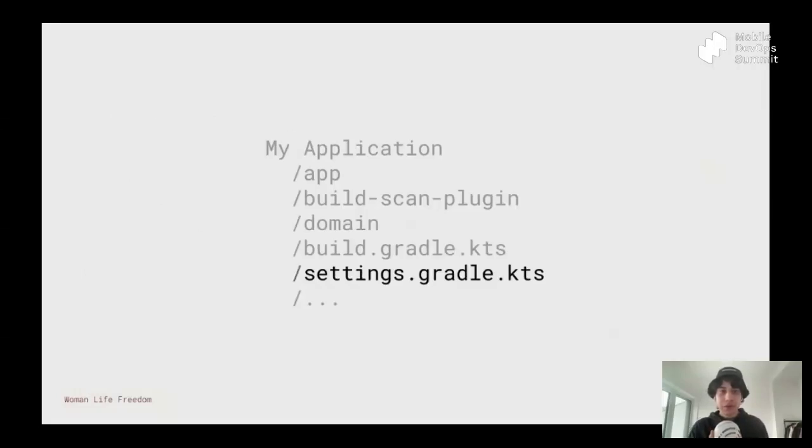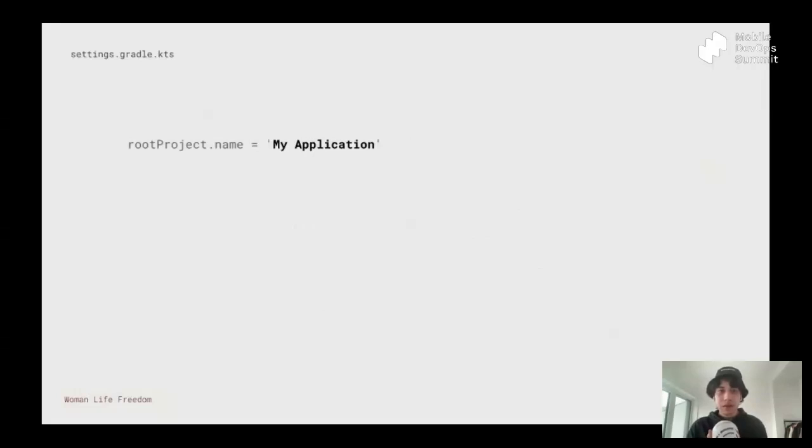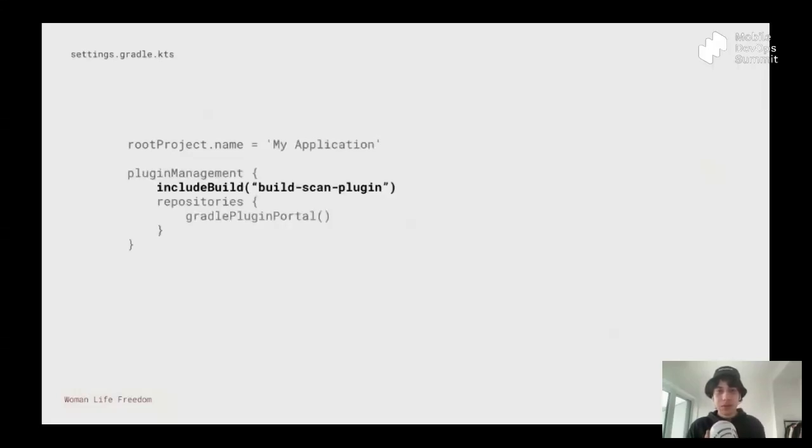Now that we have the plugin ready, we can go to our project's settings.gradle file. So this is the settings.gradle file for our own project and not the plugin's project. And here we should make sure that we specify the correct name for our project. So in this example, it is my application.